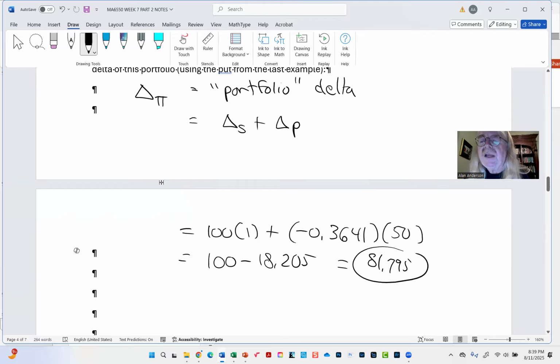But this way, it only goes up by 81.795. And conversely, if the price goes down $1, instead of losing 100, you're losing 81.795. So that really is the purpose of having these puts in your portfolio: to protect from downside risk, although at the expense of giving up some of your upside potential.